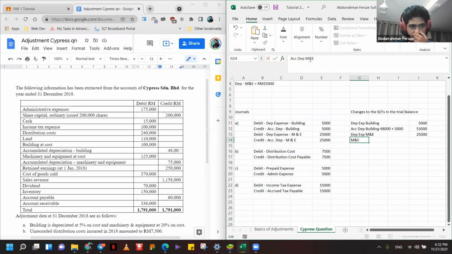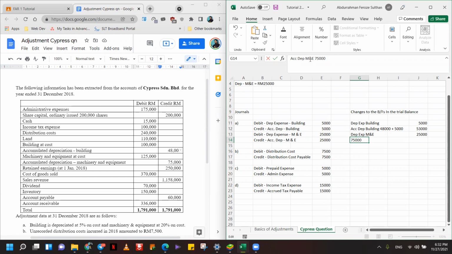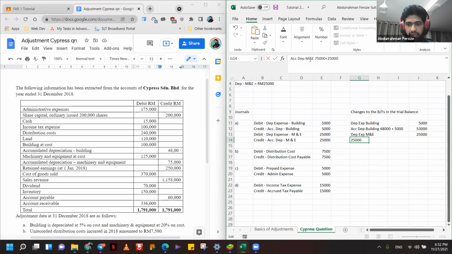How much will this be? Yes, 75,000 plus 25,000, so that would be 100,000. So these are the adjusting entries for A in the trial balance.